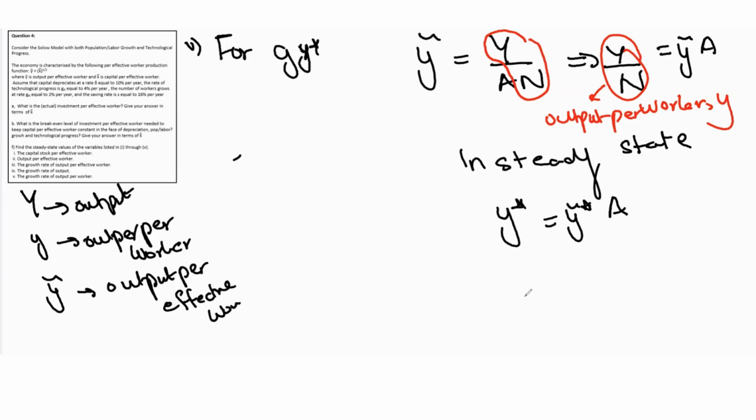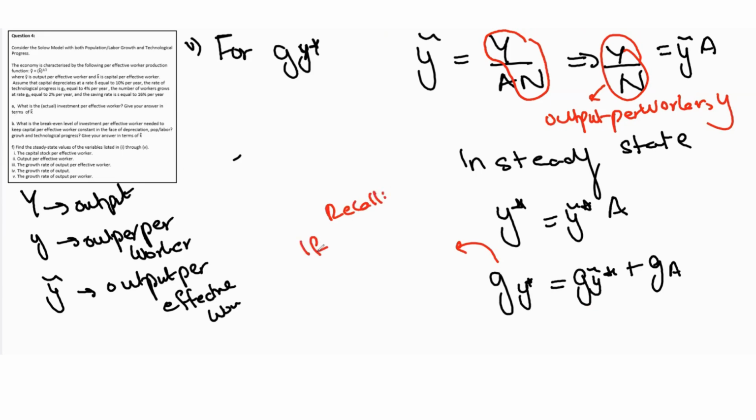And then we know the growth rate of y star would be the growth rate of y tilde star plus the growth rate of A, because of what we just talked about: if z is equal to xy, a variable that is a product of two variables, then its growth rate is the sum of their growth rates. We just applied this to find the growth rate of output as well. The growth rate of y tilde star we know is 0 in steady state.